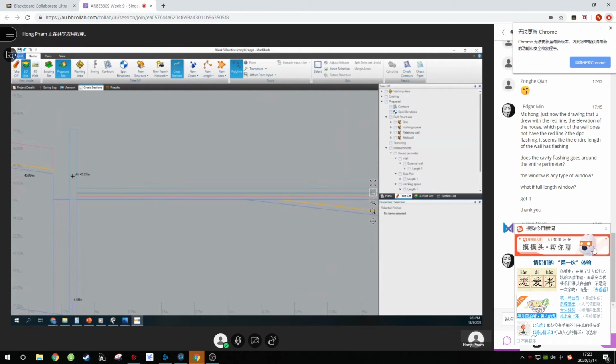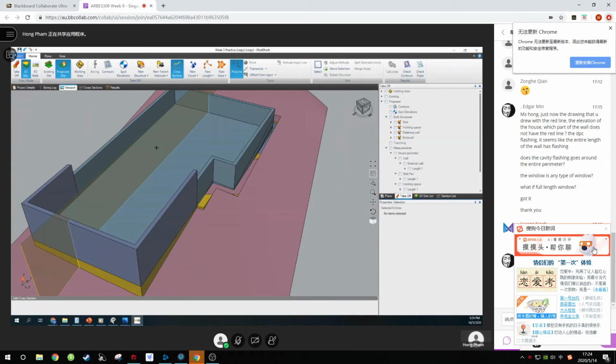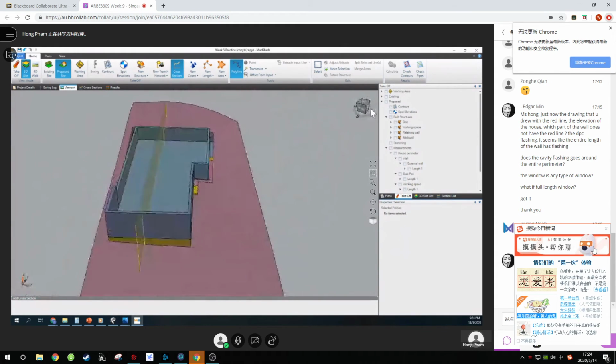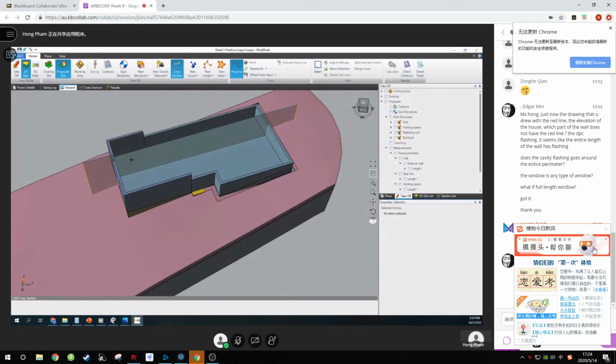So this is the wall. This is my wall and this is my slab. Okay, I created it separately. And this is my wall and this is my slab. And also this is my working space. So I created both sides. So this part is a brick wall and this is the RC wall.